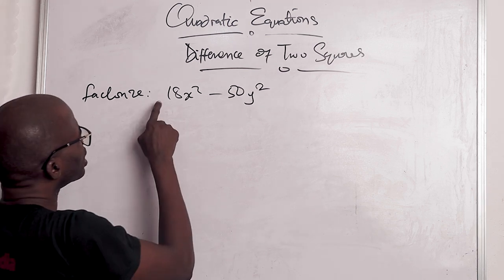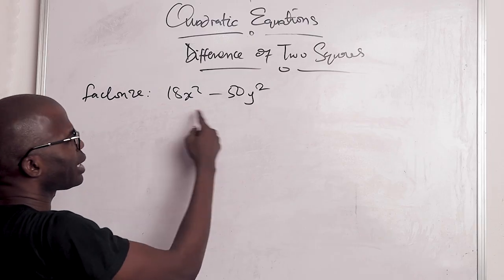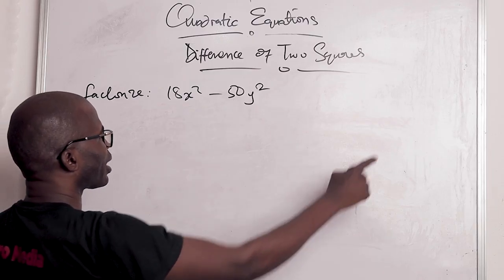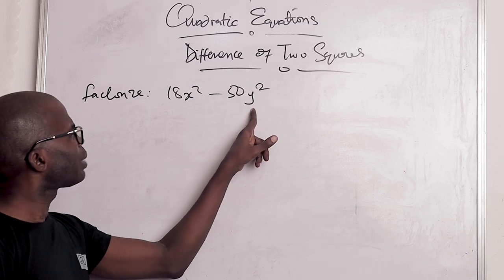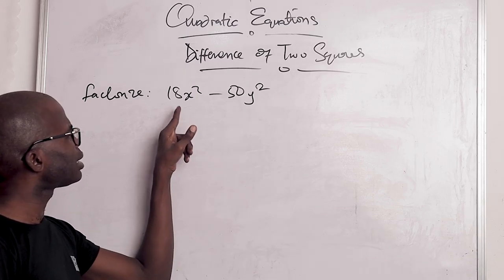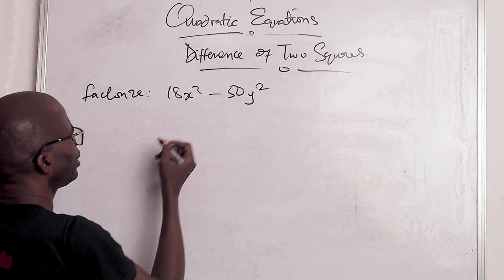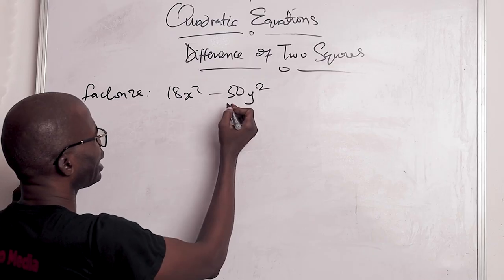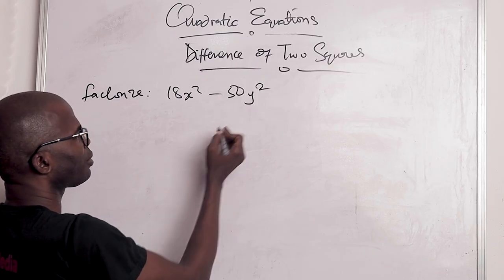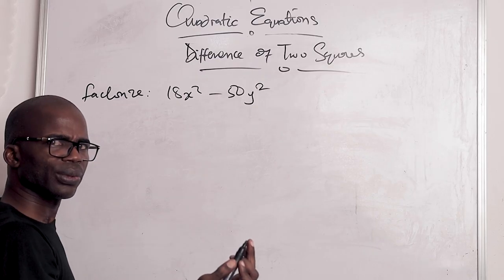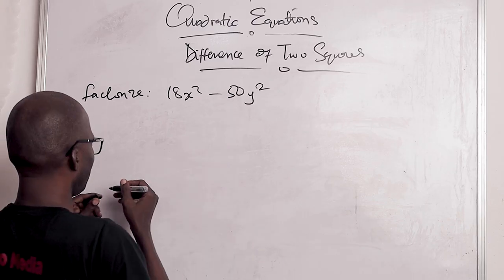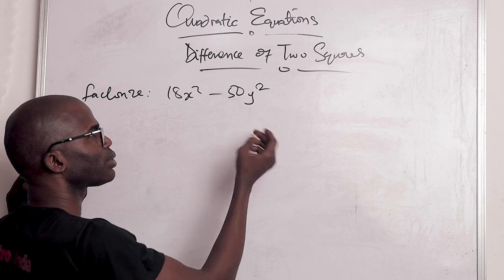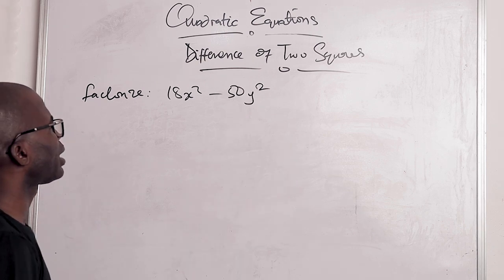So what if I divide everything across by 2? What will it give us? If I divide across by 2, 2 goes in 18, I will have 9. Then 2 goes in 50, I will have 25. 9 has a whole number square root, and 25 has a square root that is also a whole number. That's making it easier.